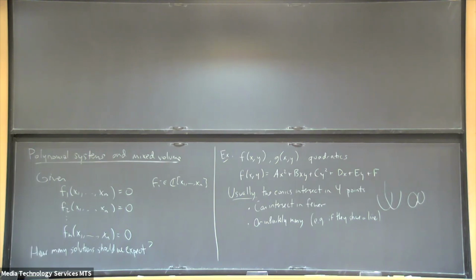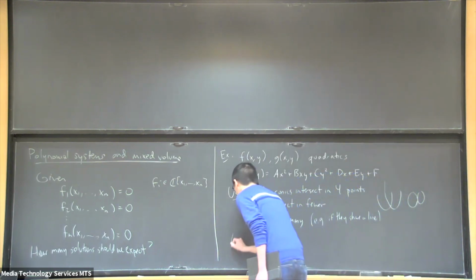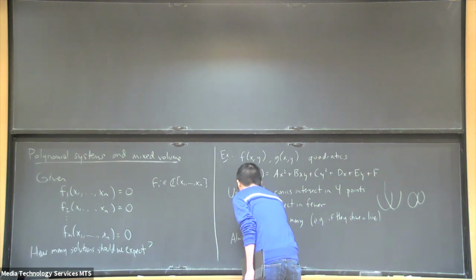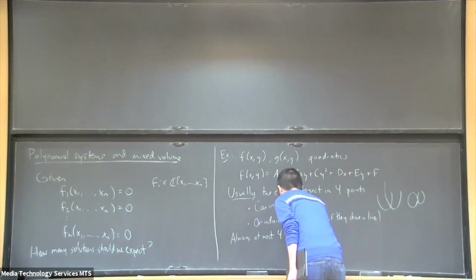An isolated point of intersection is one where there's some neighborhood around this point where there are no other points of intersection. That does not happen if they share a line, for instance. So one can say that there are always at most 4 isolated points.